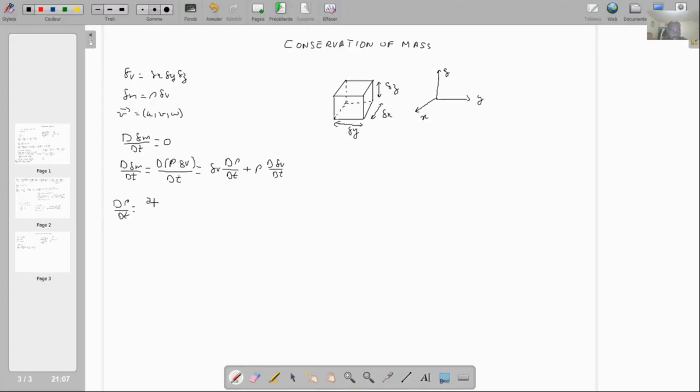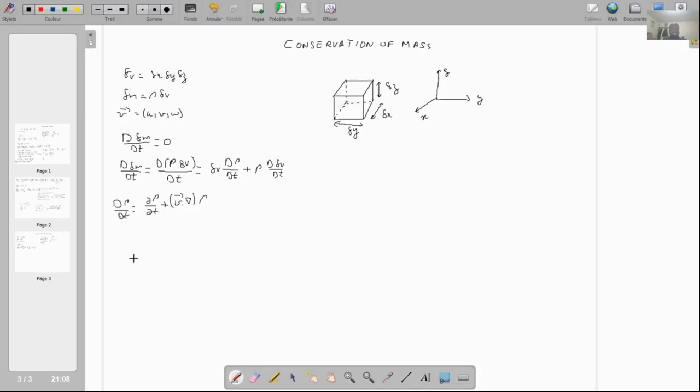So partial rho over partial t plus v dot nabla rho.